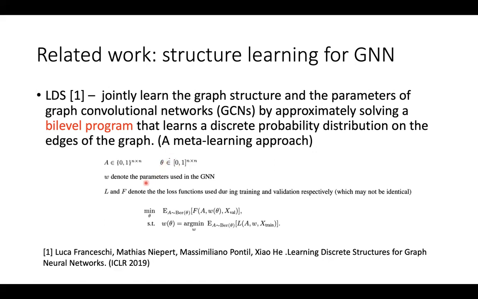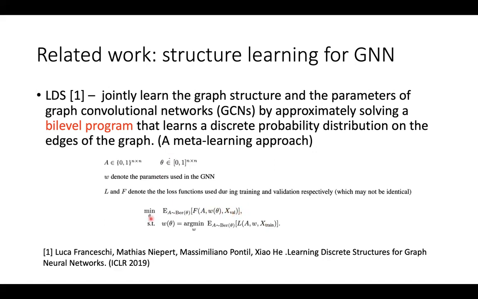We also have the node classification loss on the training dataset and the validation dataset. The idea is to minimize the node prediction error on the validation set.